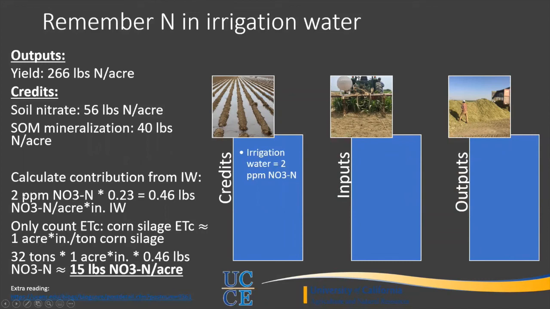Now that we know what the concentration of nitrate nitrogen is in that field, we need to consider how much water is being applied and how much is actually going to be used by the crop in order to come up with a credit of nitrate nitrogen to that crop.